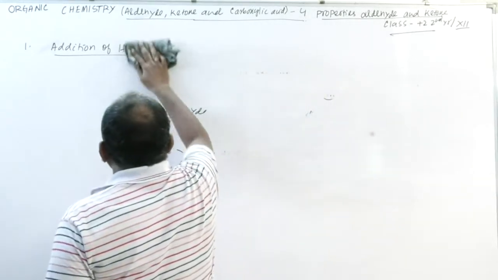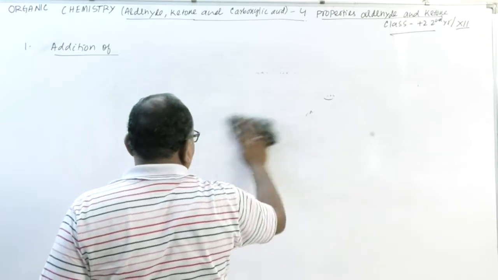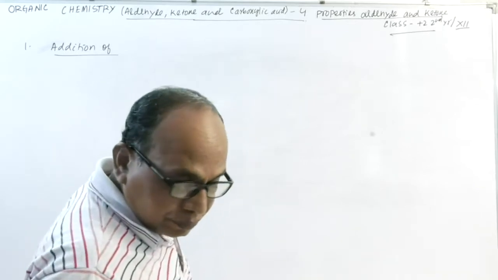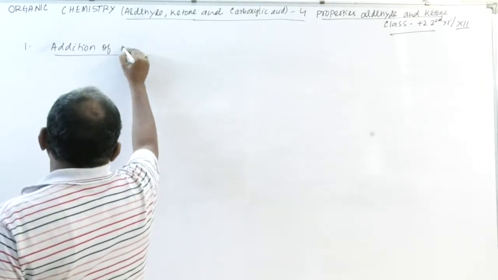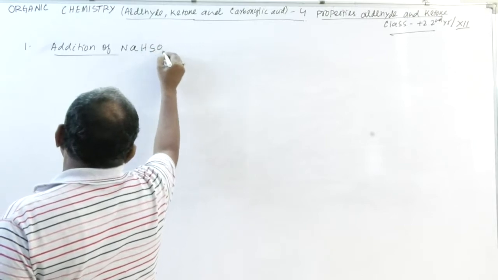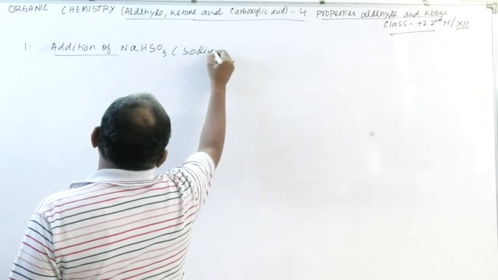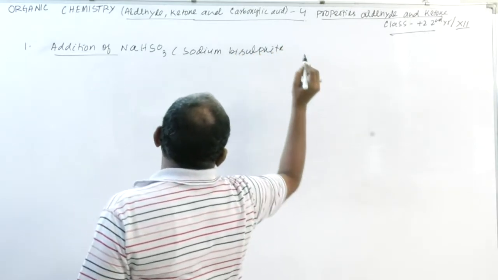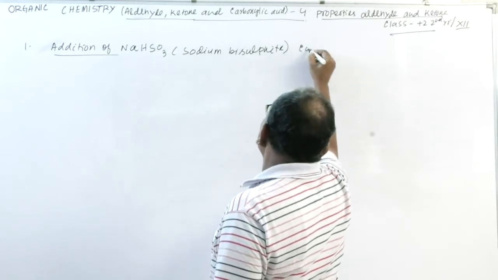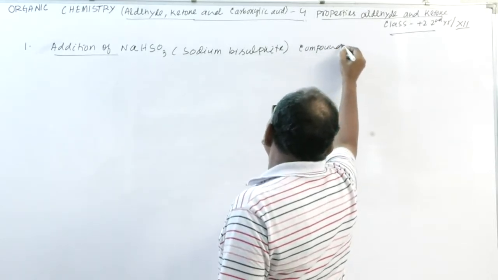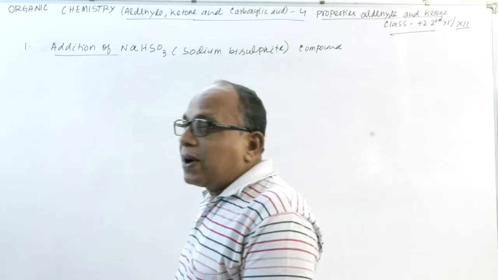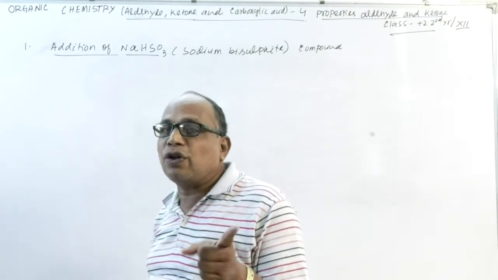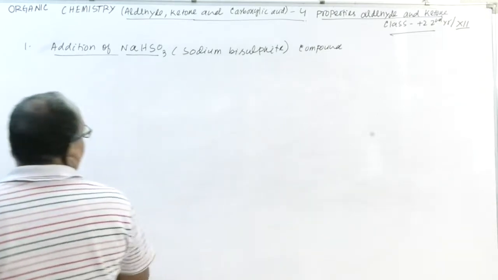Now come to the addition of sodium bisulfite. The second one is the addition of sodium bisulfite, giving the sodium bisulfite compound. When the carbonyl group compound, aldehyde or ketone, is treated with a saturated solution of sodium bisulfite, it gives the addition compound.